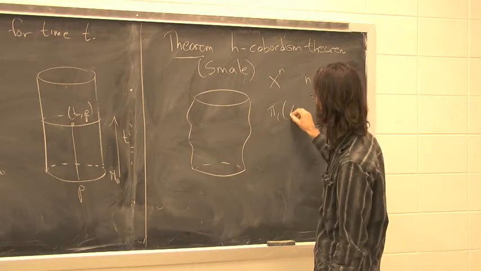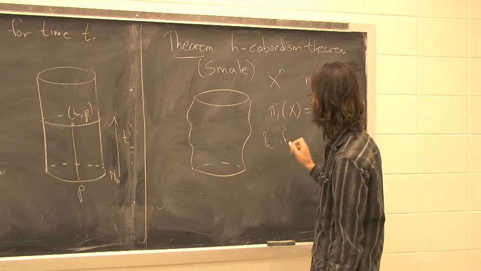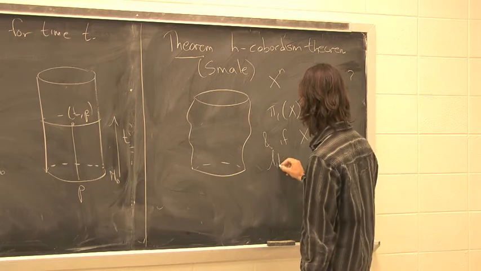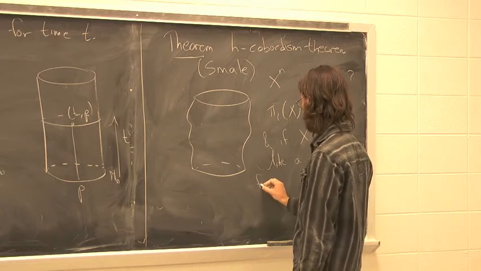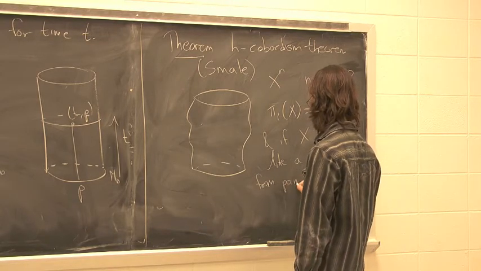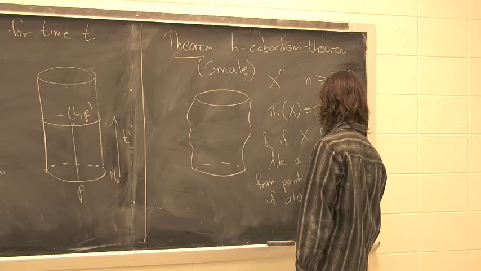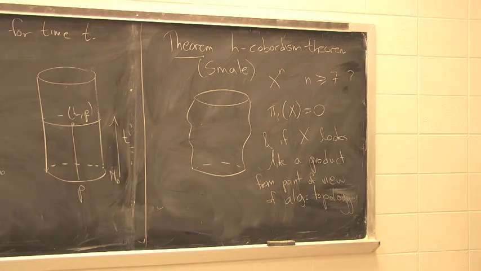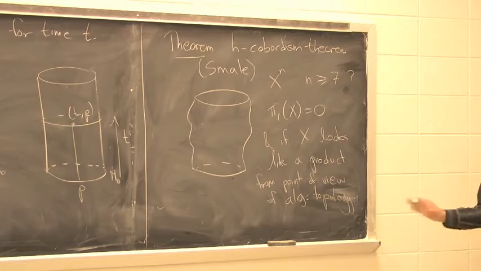If π1 of X is 0, and if X looks like a product from the point of view of algebraic topology, that means that anything you could possibly compute using algebraic topology, homotopy type, etc. I mean, there's maybe a cleaner statement of this, but this is my simplistic understanding.